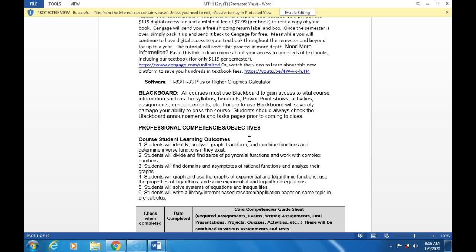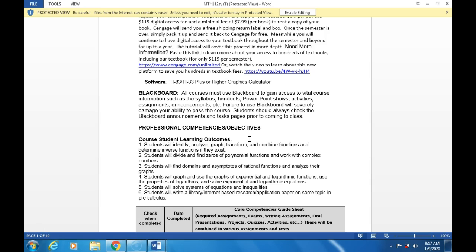Second, students will divide and find zeros of polynomial functions. If you go back to the course description, you'll notice it includes polynomial functions that work with complex numbers. Now, we're just going to do a little bit of complex numbers. That was not in the course description, but I'll introduce you to that in case you need it. Well, guess what?